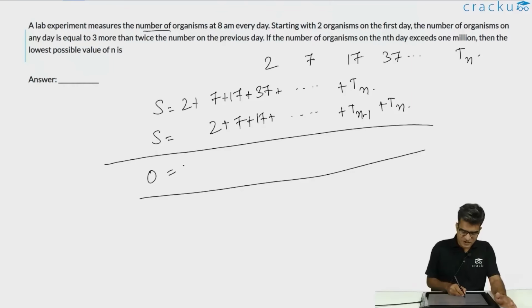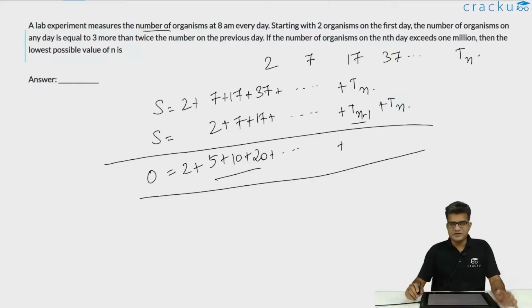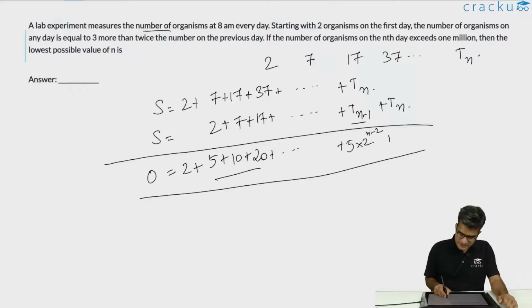The right hand side is 2, plus 7 minus 2 is 5, plus 17 minus 7 is 10, plus 37 minus 17 is 20, plus ... You can see that this is a geometric progression where the first term is 5 and the common ratio is 2. So this is 5 into 2 to the power n minus 2, minus Tn.